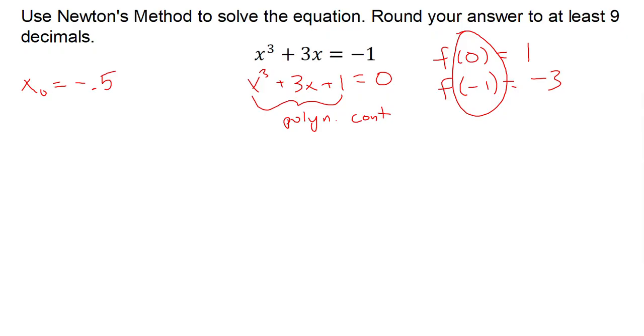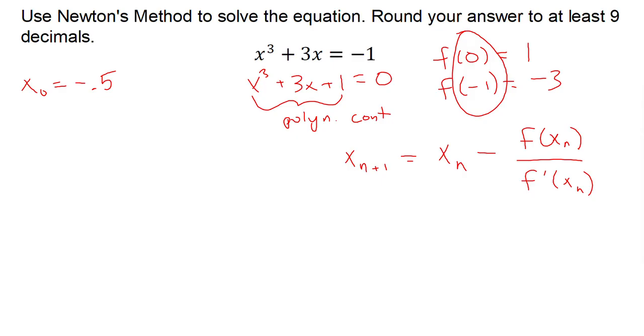And then we also need our formula, right? For Newton's method, I'm going to write out the actual formula, not just for this particular function, but the generic formula first that we proved in class would work, which was x sub n plus 1 is equal to x sub n minus f of x sub n over f prime of x sub n.